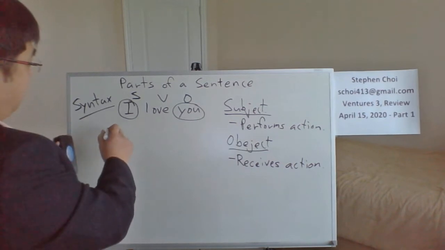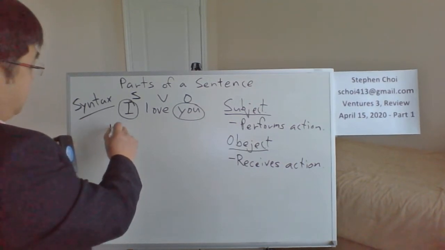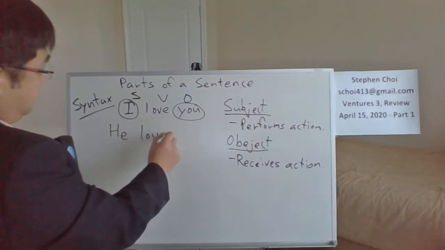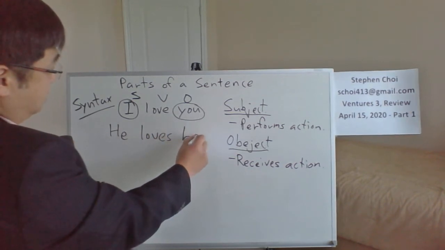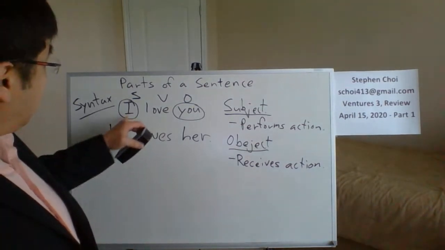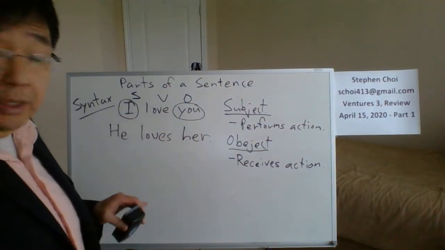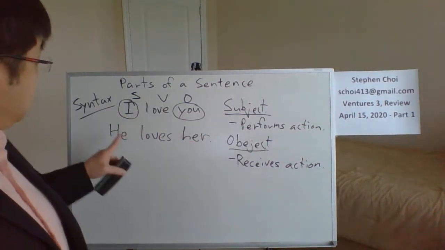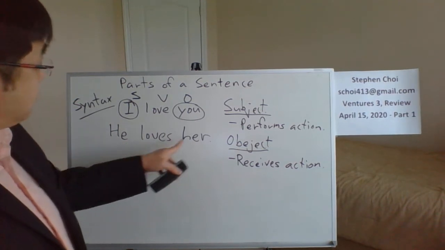What if I wrote something like he loves her? It's the same type of sentence. I just change I to he and you to her. He loves her. Same thing. Subject, verb, object.